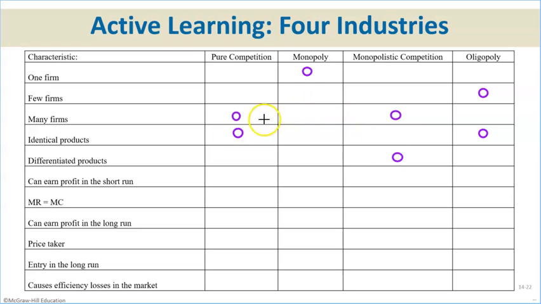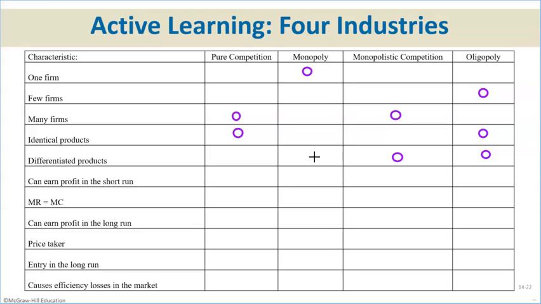So the main difference between pure competition and monopolistic competition is that in monopolistic competition, now they're selling differentiated products. It's also possible for an oligopoly to have differentiated products. And if you had some trouble here with monopoly, the monopoly won't have either one because there's only one firm for the whole industry. So they're actually selling a unique product.